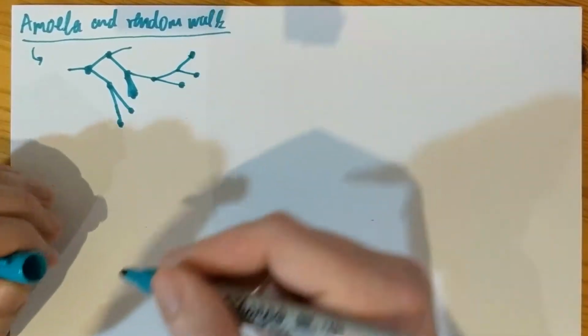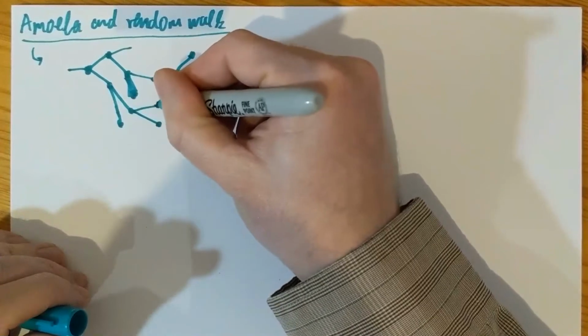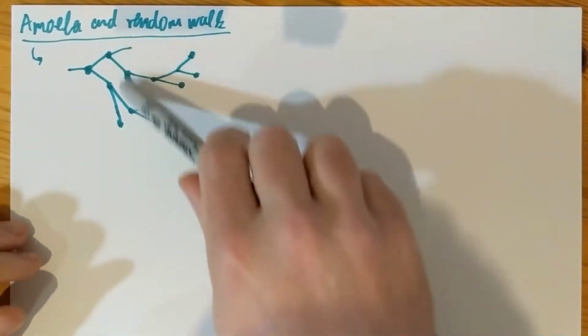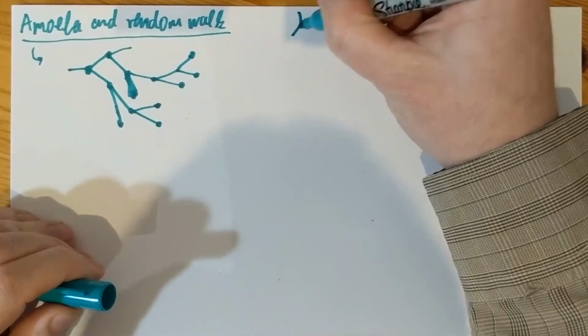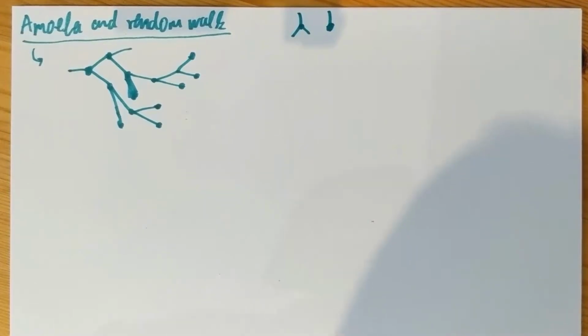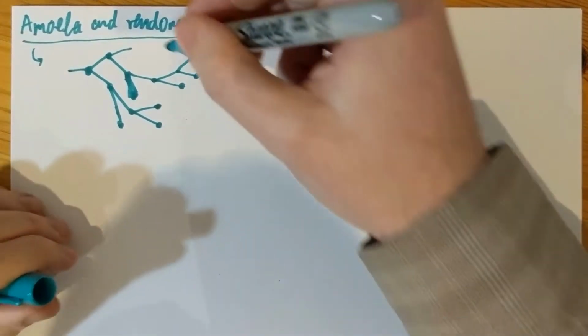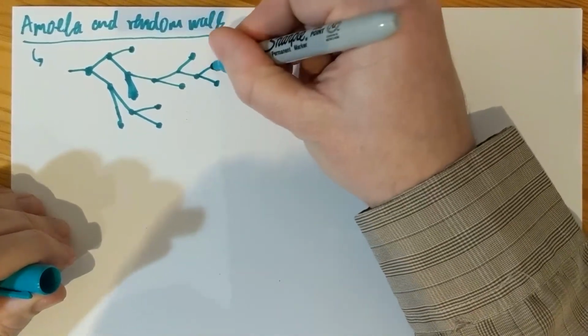At every time, that line either dies out or branches into two. Remember that we had either this or that: branching with probability p and dying out with probability q. Let's draw one more.